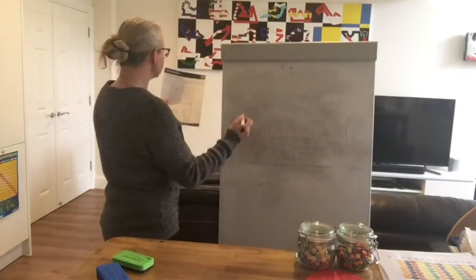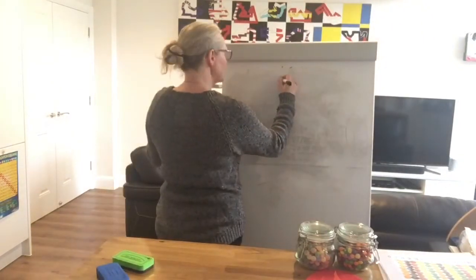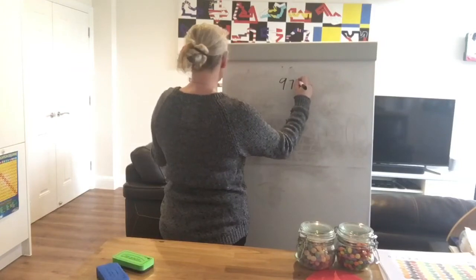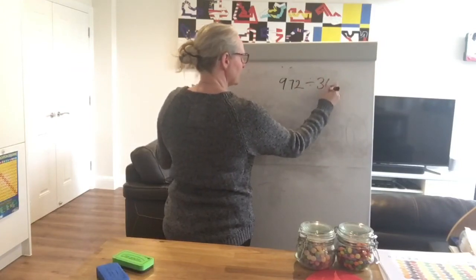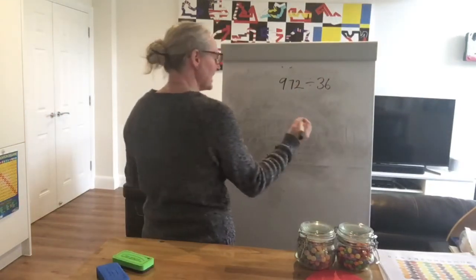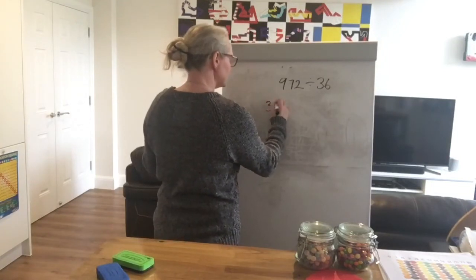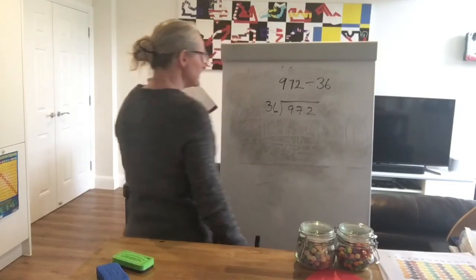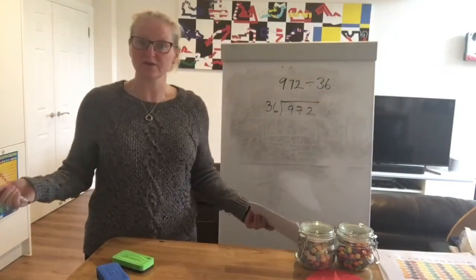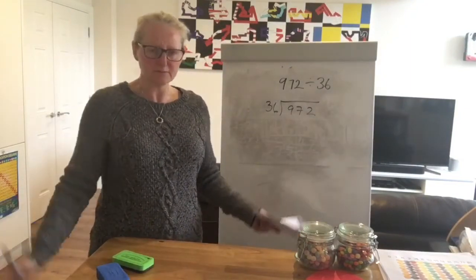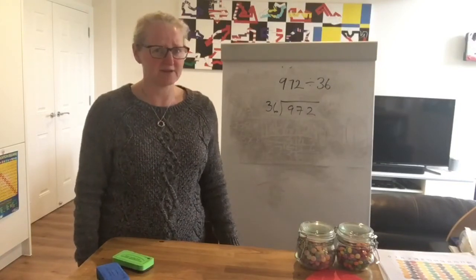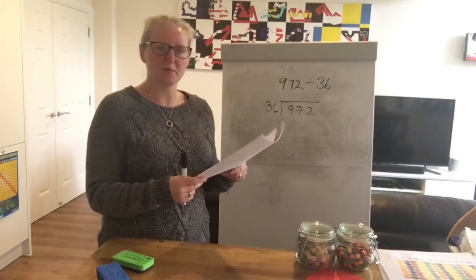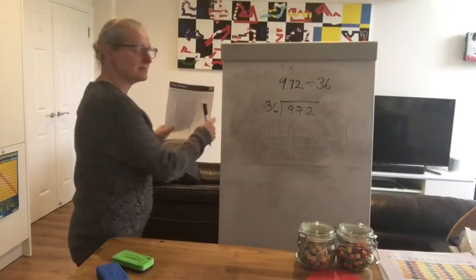So long division. When we look at the example 972 divided by 36, we set it up exactly like the bus stop. So we go 36, then 9, 7, 2. What we have to do is know our 36 times tables. Clearly, I don't know my 36 times tables off the top of my head, but what I do is use mental jottings.